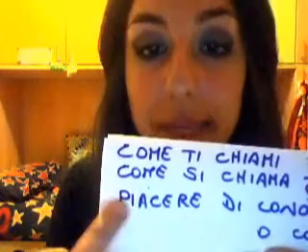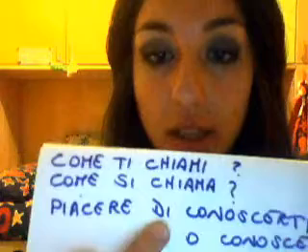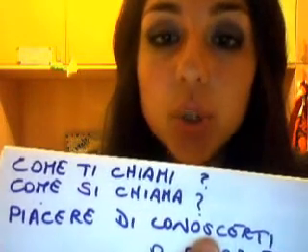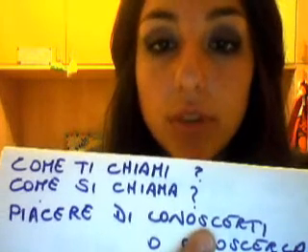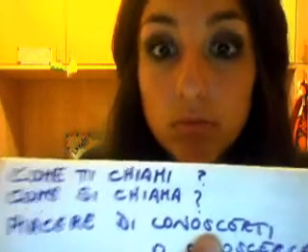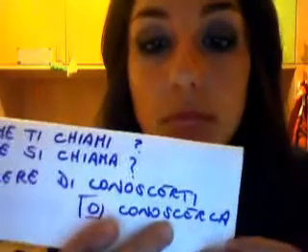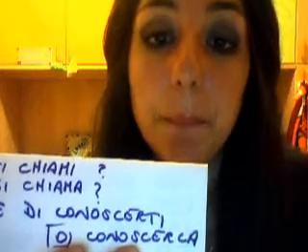So, piacere, that is nice, di conoscerti, that is like to meet you, to meet you for the first time, to know you. O, sorry, o is like or, so it's not that you have to say o. Conoscerla, when we are speaking to somebody else in a formal way.